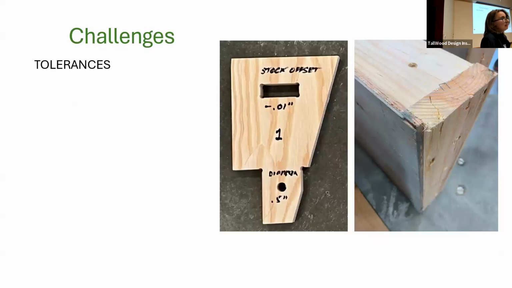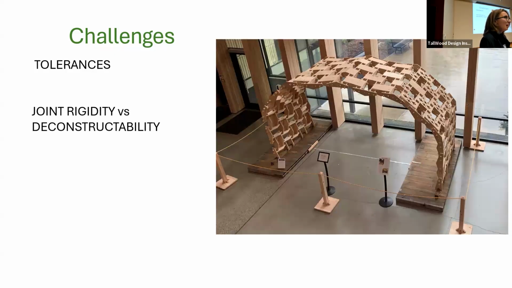Some of the big learning outcomes come from challenges, including the importance of fabrication tolerances, both during installation and for the final structural performance. The trade-offs: the challenges of allowing reversibility while also achieving stiffness of the connections.